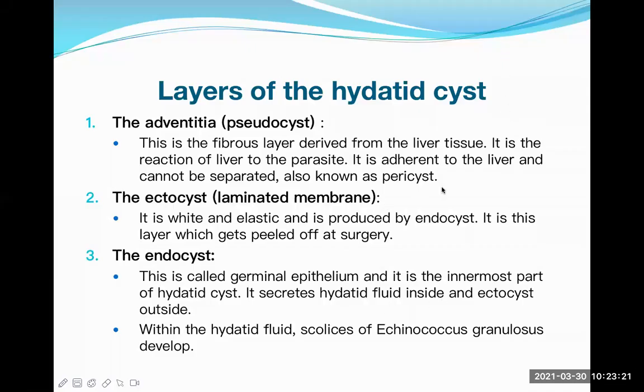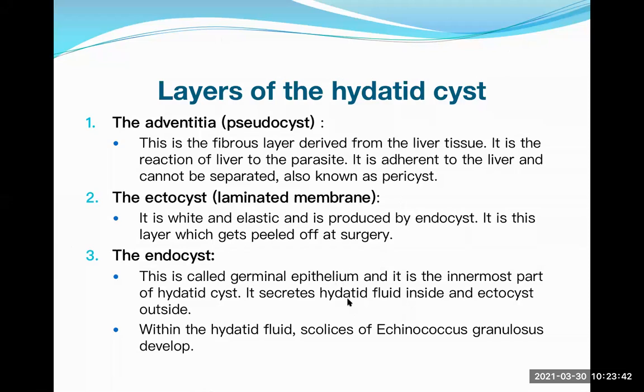Now, I'm talking about the different layers of the hydatid cyst here. The outermost layer is called pseudocyst, the middle layer is the ectocyst, or laminated membrane, and the inner one is the germinal epithelium, or endocyst. This endocyst is the most important layer of the hydatid cyst, because it is the active one.